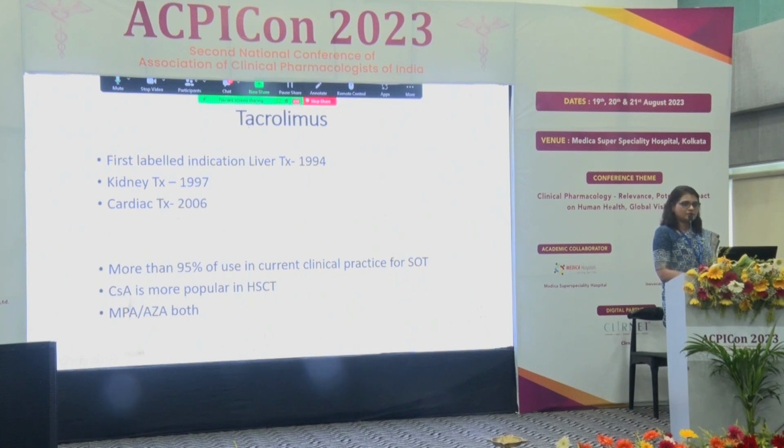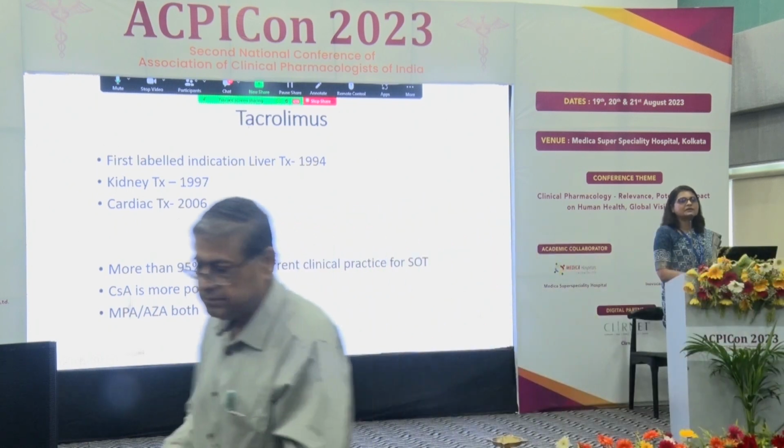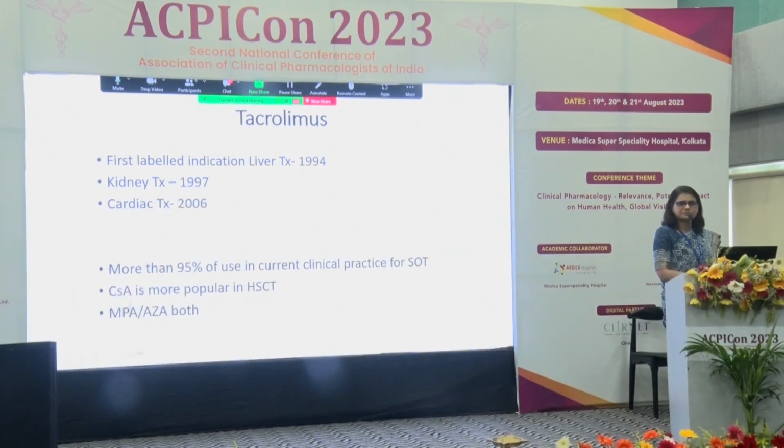You might question, when we know tacrolimus is more efficacious, why are we using cyclosporine in the first place? This concept needs some clarification. Cyclosporine and tacrolimus both have their inherent limitations. Tacrolimus gets absorbed very fast, and it's very efficacious, but it's also very toxic.